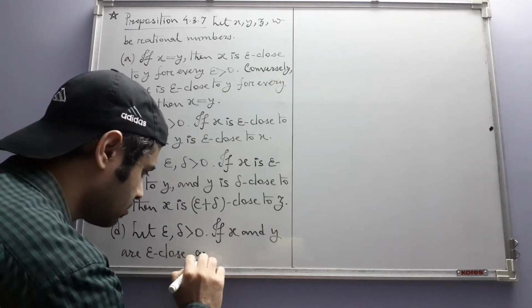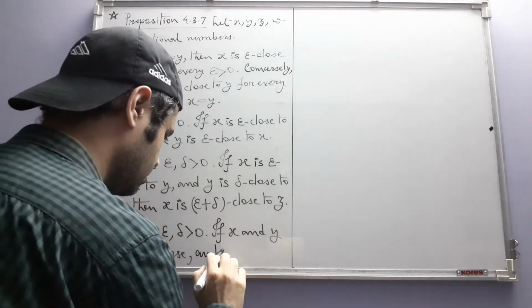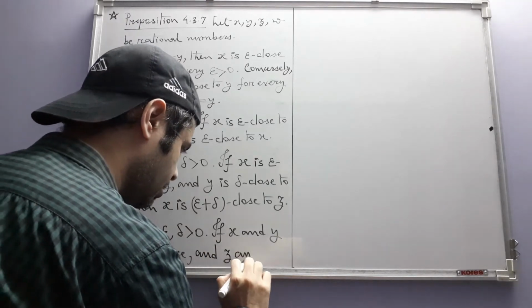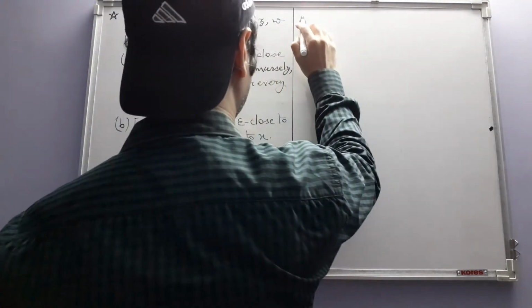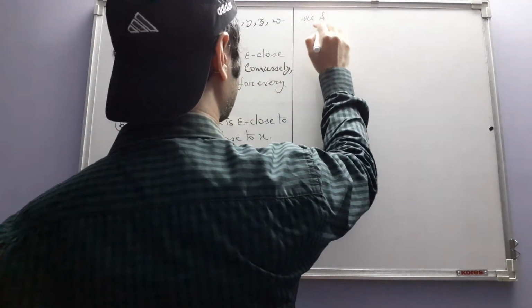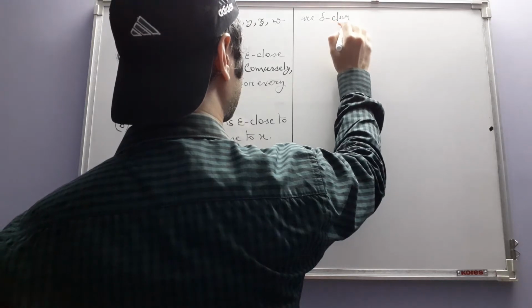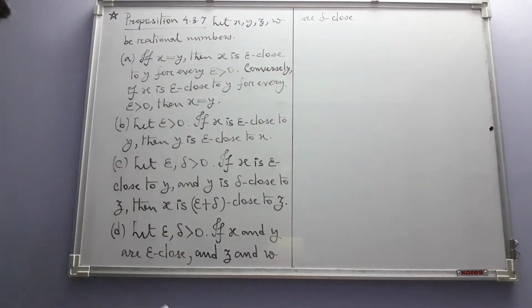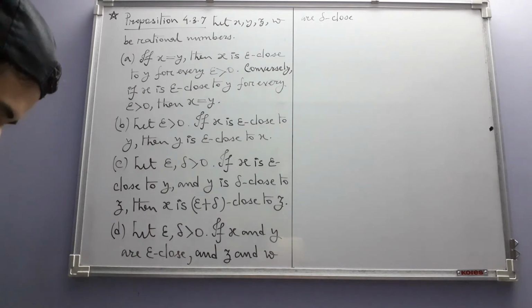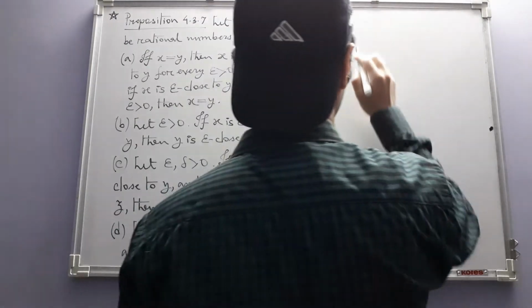And z and w are delta close. So here we are considering the four rational numbers. I hope I am writing correctly. Yes, are delta close.